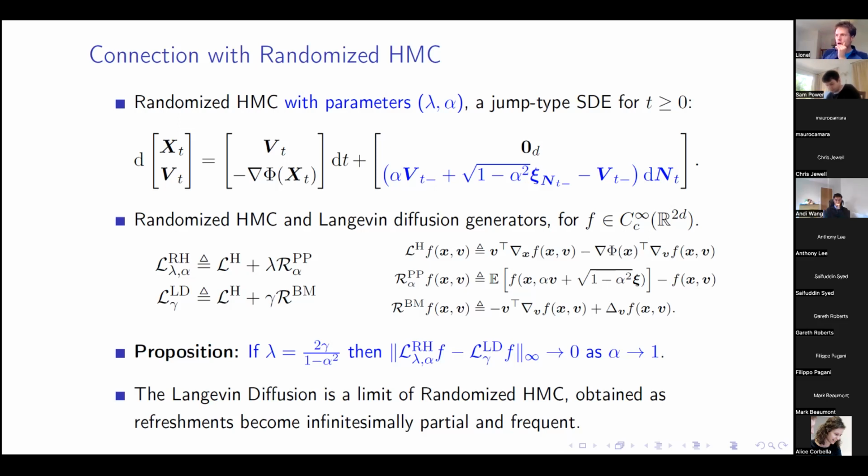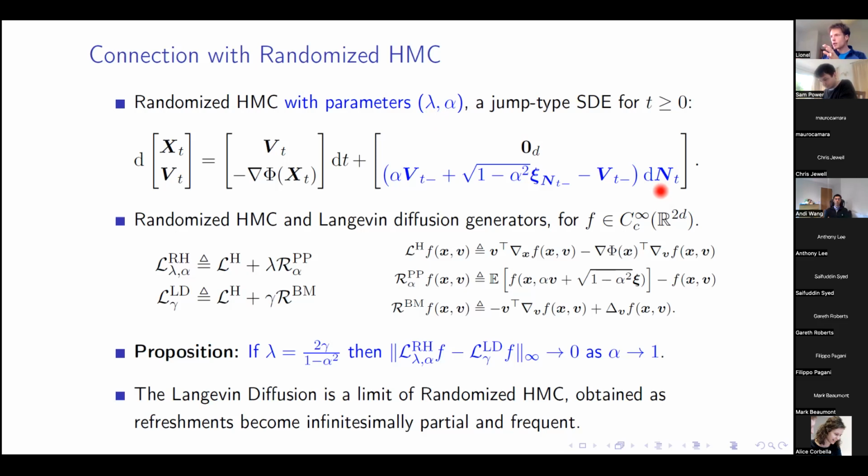So here, the randomized HMC continuous time process can be parameterized by two things. The first one is the parameter lambda that measures the intensity of refreshment of a Poisson process here that will drive the momentum flips that will arise. Okay.